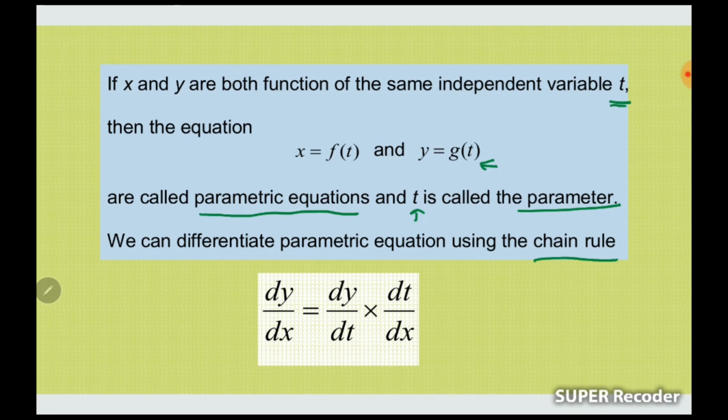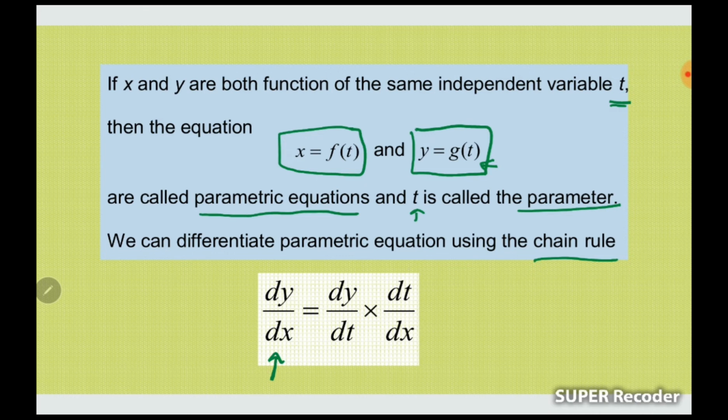So please take note that you are given functions in terms of the variable t. x is a function given in terms of t. y is also a function given in terms of t. We need to find dy/dx. To get dy/dx, you need to use the chain rule.